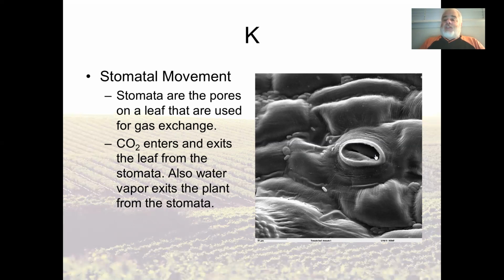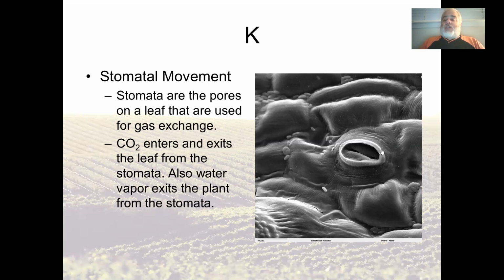And a singular, I should have called it a stoma. It is a singular stomata. One is a stoma. And it's open, meaning that the guard cells must have plenty of water in them, meaning the plant must have moved potassium into the guard cells to move the water in.